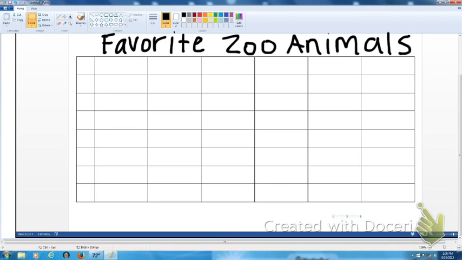Next, we'll move on to the labels. In this case, we were comparing different types of zoo animals. So for the labels, we're going to input the names of the zoo animals.